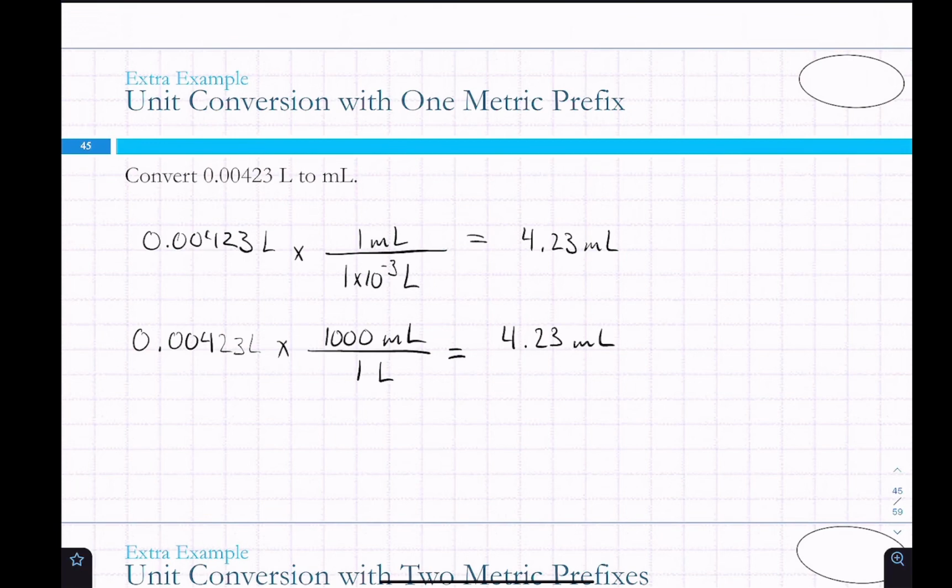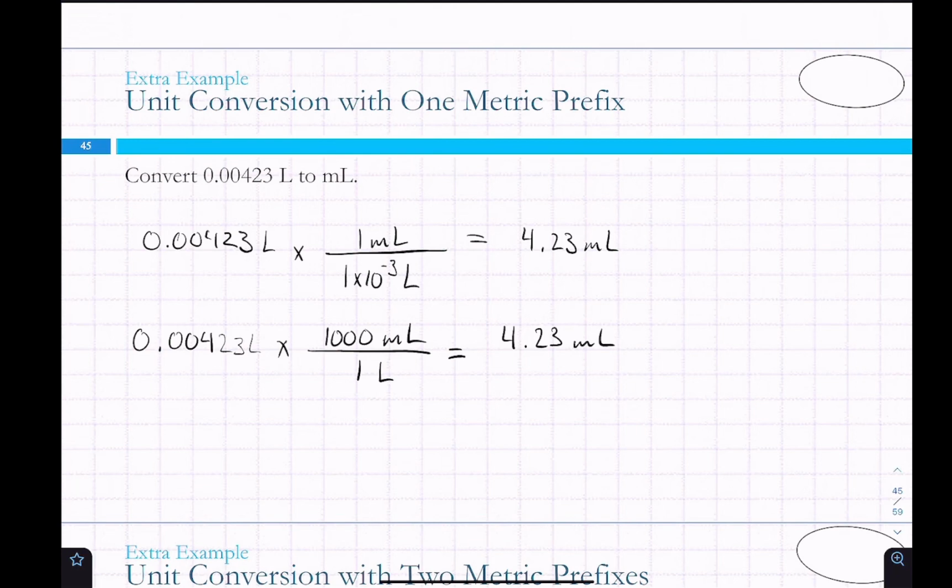Yeah, especially for milli or kilo, you're just moving it by a factor of 1,000, 3 places. If you get the right answer, and I go back and look at your math and it makes sense, that's fine. If you are comfortable with 1,000 milliliters as 1 liter, and you never get it backwards, then that's fine. You do you. There are multiple ways to do a lot of things in chemistry, which is part of the difficulty, part of the confusion.